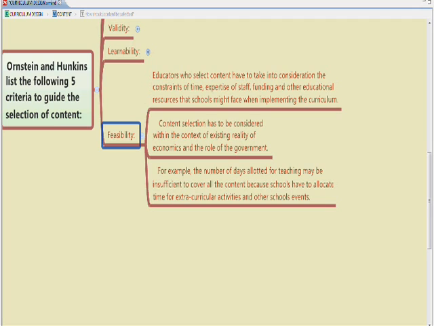So, for example, the number of days allocated for teaching may be insufficient to cover all the content because schools have to allocate extra time to extracurricular activities and other school events. Now, in Malaysia, this is a bigger issue than almost anything else. Academics continuously criticize schools that are too into formalized, standardized testing, with very little room given to extracurricular and co-curricular activities, particularly co-curricular, where there are the sports, the drama, the theater.